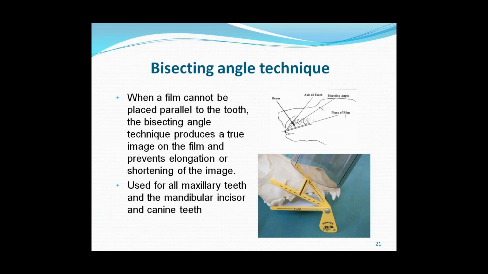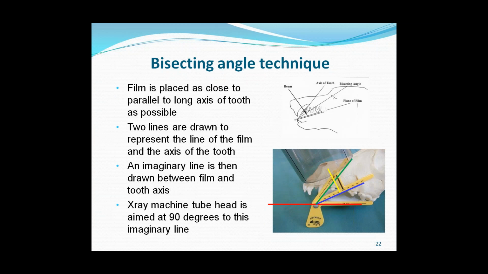So this is how we would take a canine tooth. If we were to do that in color, then you can see that the film is along this red line. So the axis of the film, or the way the film has been placed in the mouth, is along the red line. The angle or the axis of the tooth is along the green line.